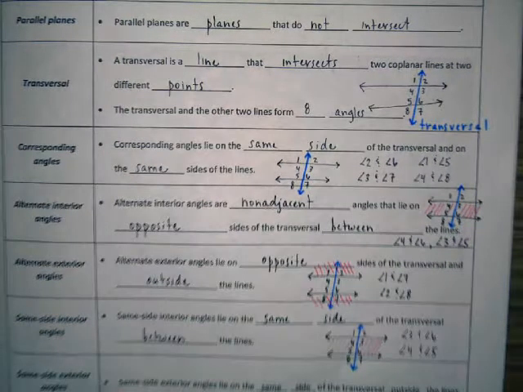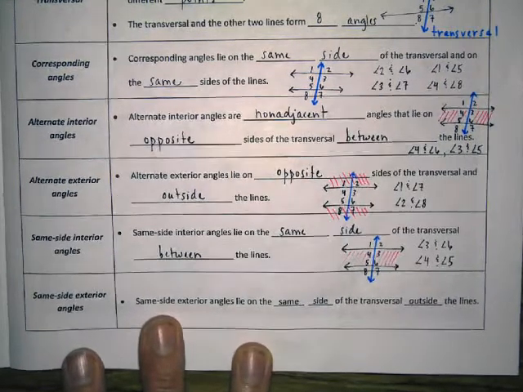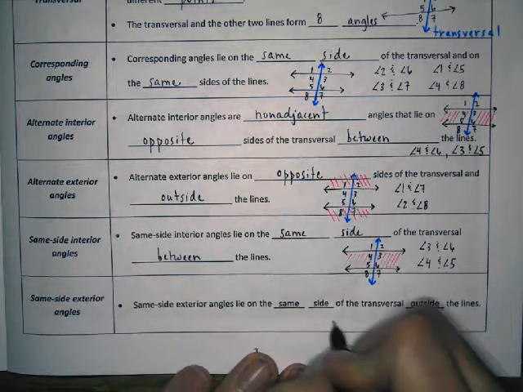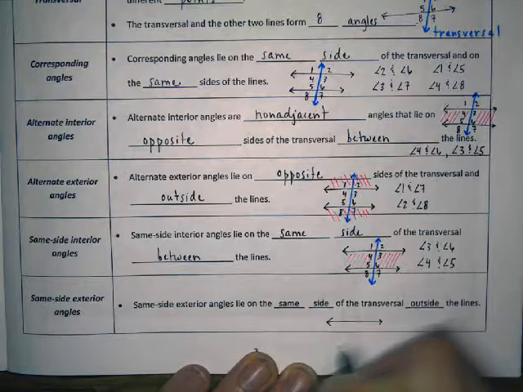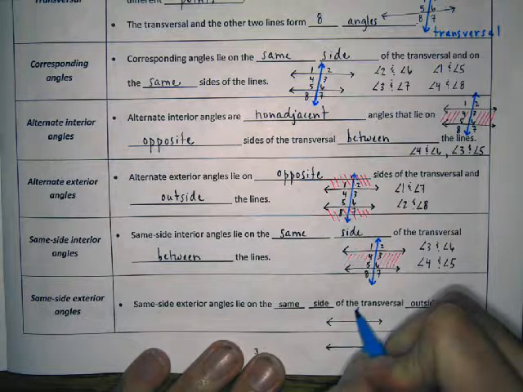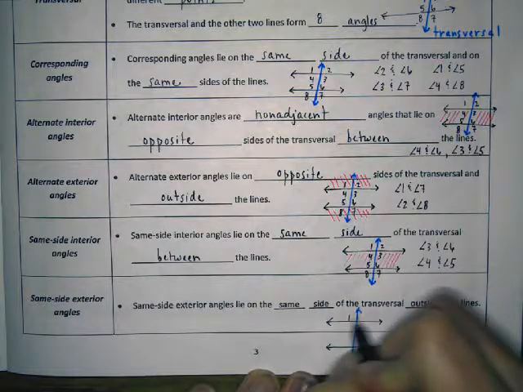Okay, and the last pair was already filled in for you because your textbook, for some reason, doesn't include it in the vocabulary. But we'll also be talking about same side exterior angles, which again lie on the same side of that transversal, but now we're looking outside of our lines.